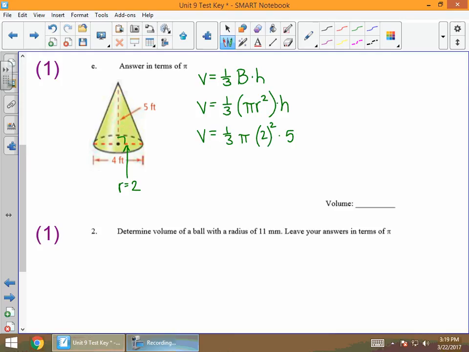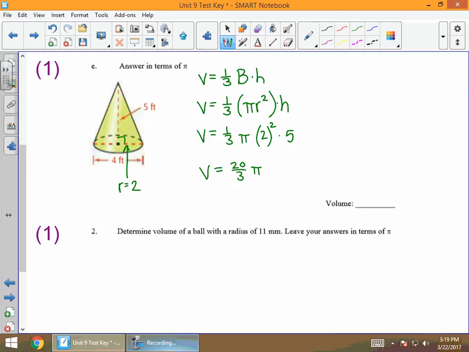As I type this into my calculator, I will type everything in except for the pi. 2 squared is 4, and 4 times 5 is 20. 20 times 1/3 is 20/3 pi. That is one answer you could get, 20/3 pi, or 20 pi over 3.